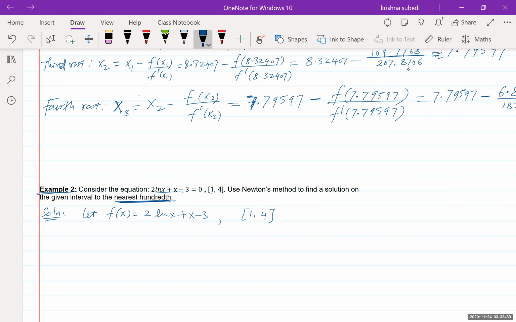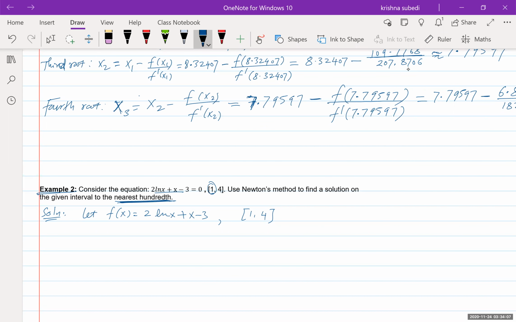Any number between 1 and 4, including 1 and 4, okay? You can choose 1, you can choose 1.5, 2, 3.5, 3.9, 4, you know, like 2.152670, whatever you like. You can choose that as your first root. But for simplicity, I choose this 1 as my first root, okay?